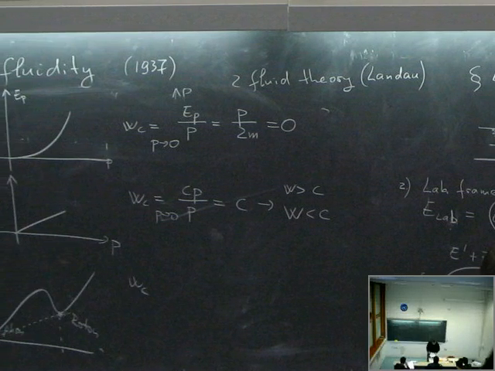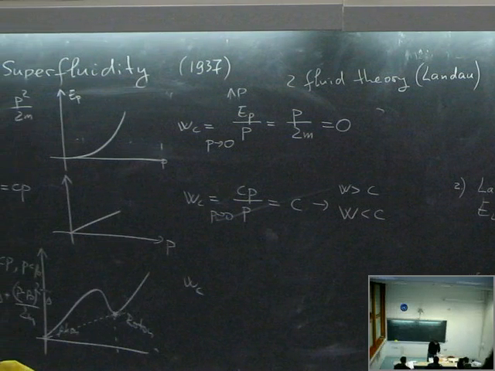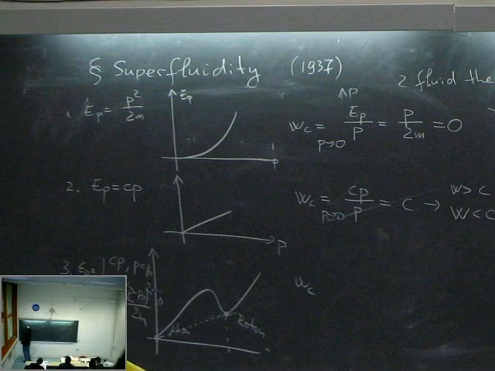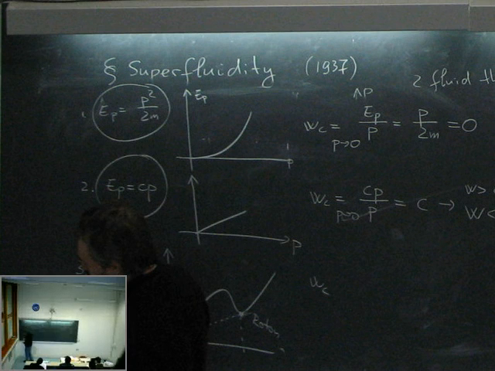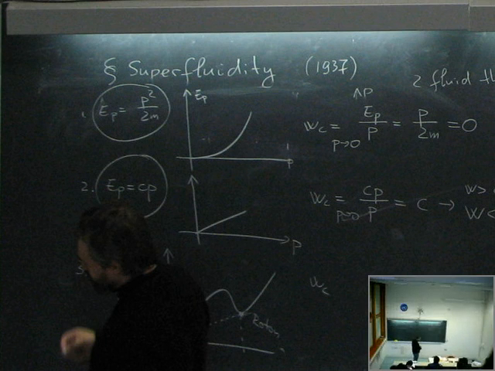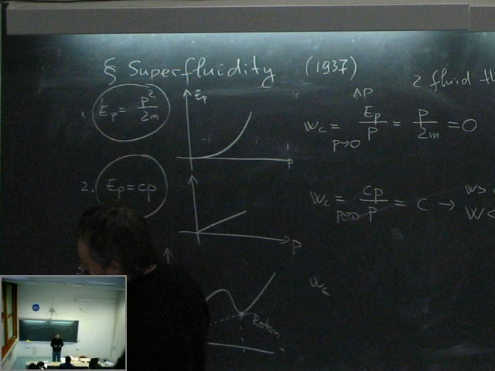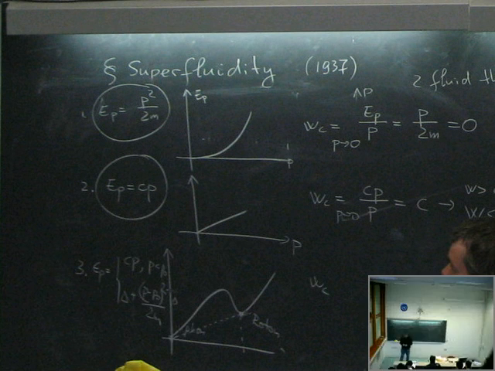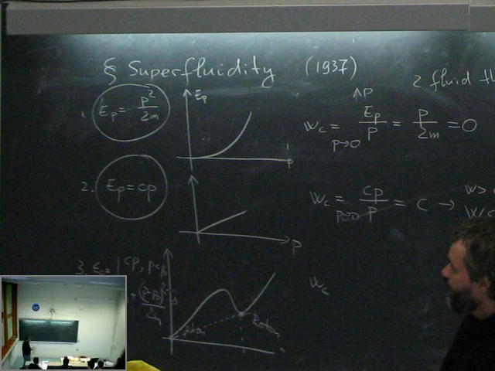Okay, what can we learn from here? What can we learn comparing these two examples? A very important message is that the ideal Bose gas, the Bose gas which doesn't contain any flavor of interaction, cannot be superfluid. Why? Because if we have free motion with the energy p squared over 2m, the critical velocity, according to the Landau criterion, is equal to 0.